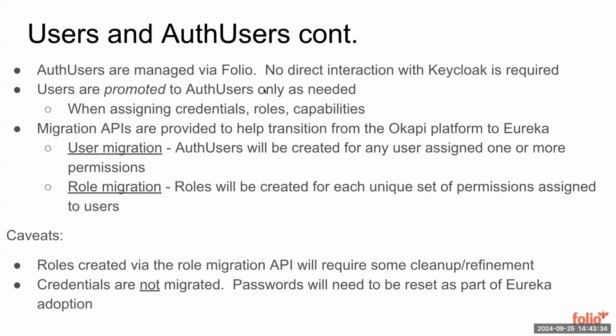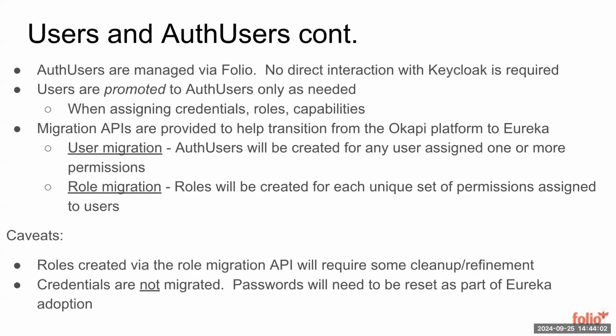All right, so continue on this. So auth users are managed by, so this is all managed by Folio. You don't have to log into Keycloak admin console and muck around or anything like that. In fact, it's fairly seamless. So we introduced this notion of promoting a user to an auth user. So that might happen in certain circumstances, like when you're assigning a user credentials, there's a check that happens now that says, okay, is there an auth user record for this person?